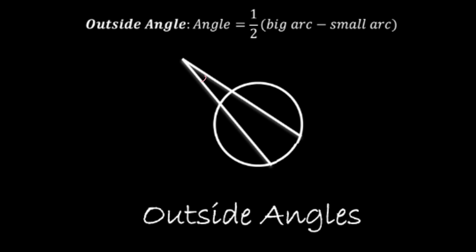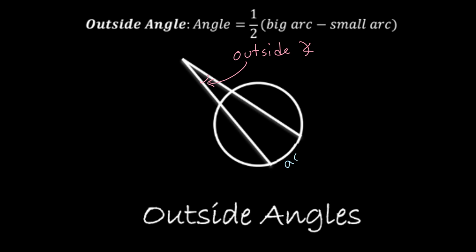So when you have an angle created by two secants or tangents outside of the circle, this is called an outside angle. And in our equation, the outside angle is equal to 1/2 of the big arc minus the small arc. What do you think is the big arc it's referring to?